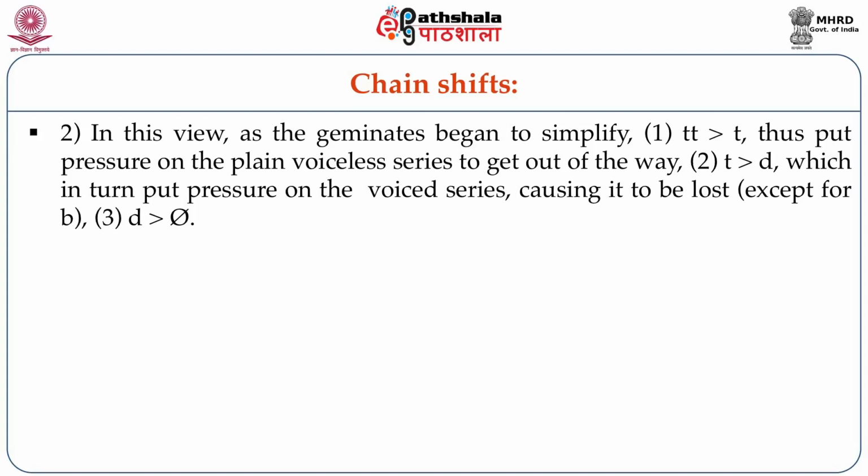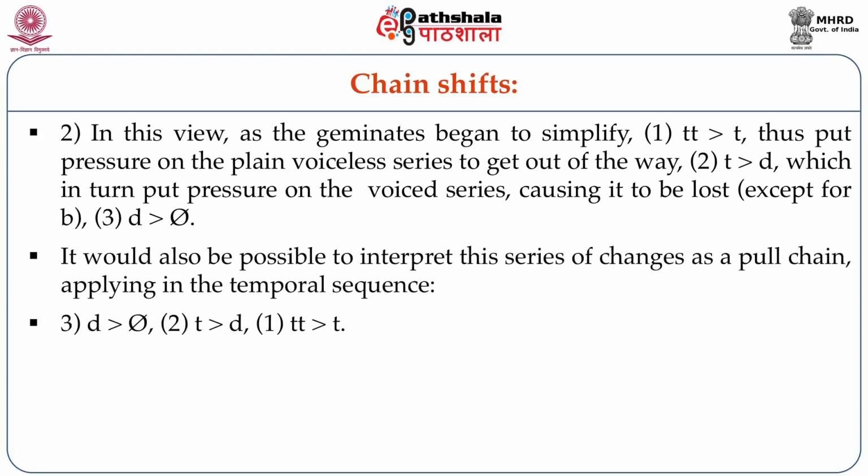So, da becomes 0. It would also be possible to interpret this series of changes as a pull chain, applying in the temporal sequence: da becoming 0, ta becoming da, and geminate ta becoming ta.